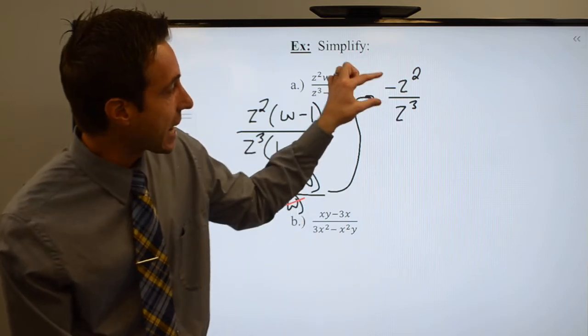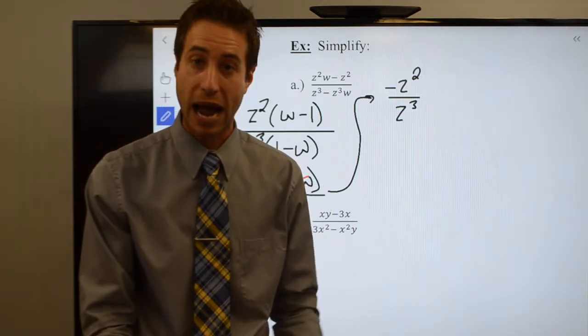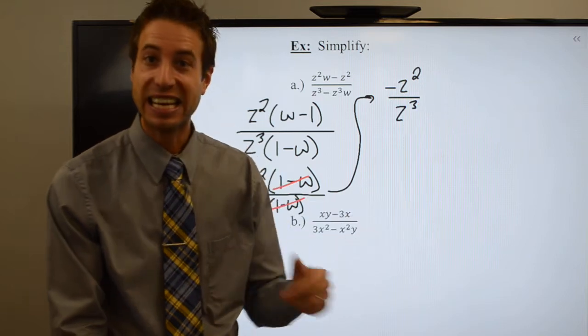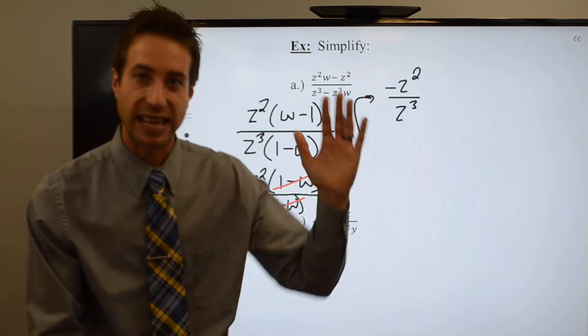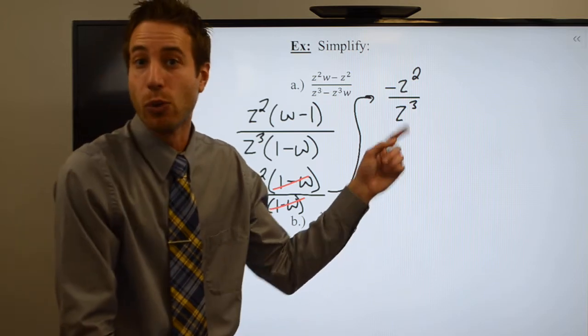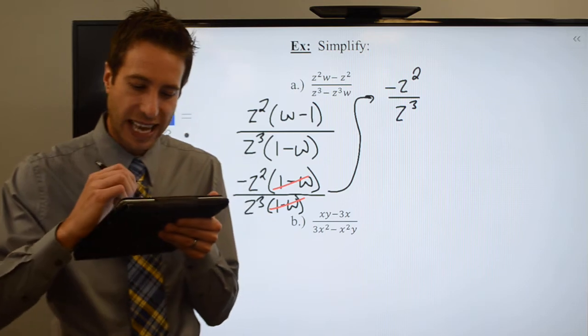I have the same base top and bottom, z and z, which means you subtract the exponents, right? 2 minus 3 is a -1. Take that guy to the bottom because you're not allowed to have negative exponents, and you either way wind up with just a z left over in the bottom. I'll do the canceling bit.